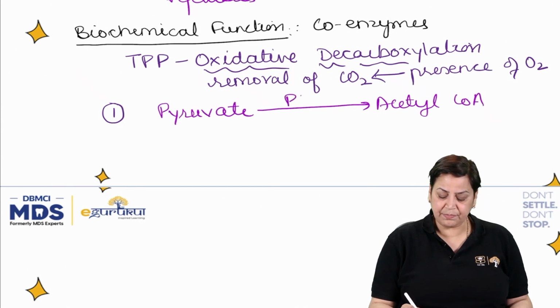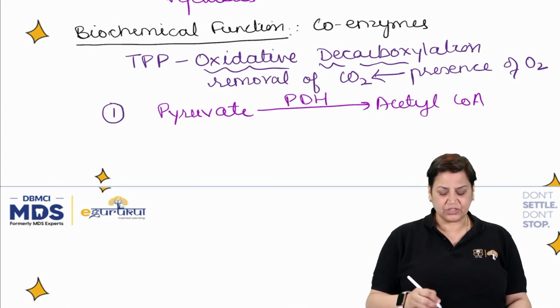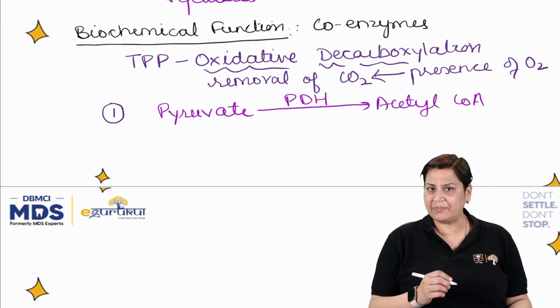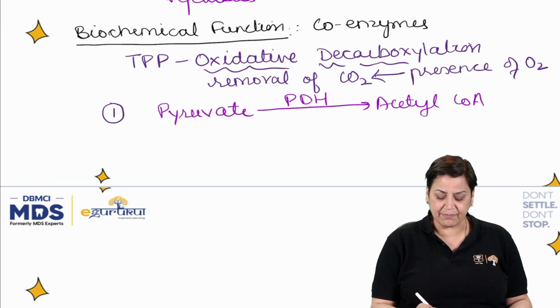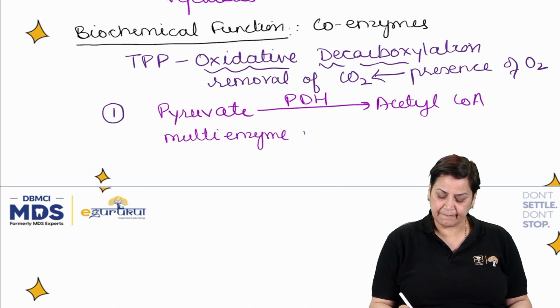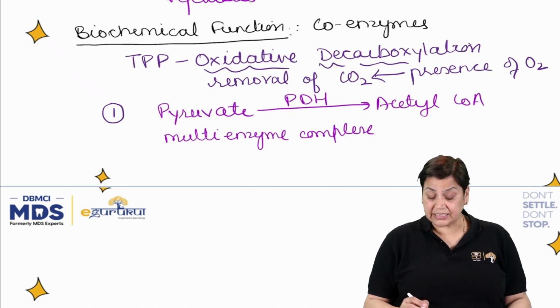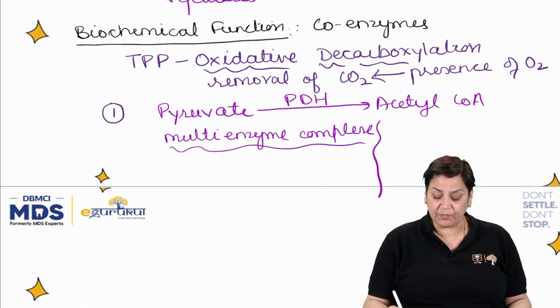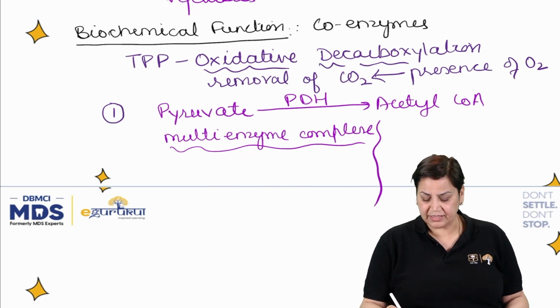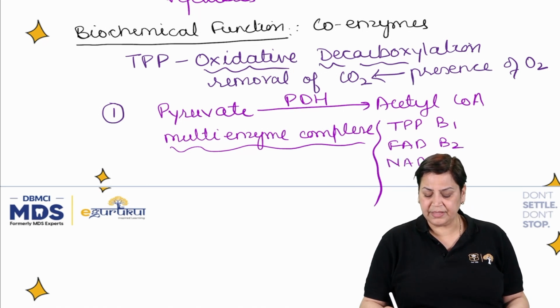The enzyme is PDH, which I have already described in detail; it is an example of a multi-enzyme complex. Since it is a multi-enzyme complex, the most important vitamins are TPP (B1), FAD (B2), NAD (B3), SH-CoA (B5), and lipoic acid.